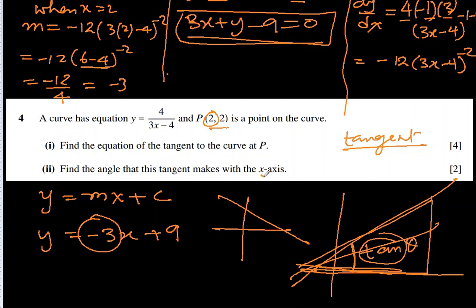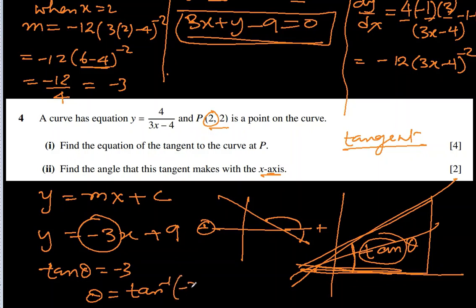Now they're saying find the angle that the tangent makes with the x-axis. They said just x-axis. Which direction, positive or negative, they did not tell. So let me focus. I will find either this angle or this angle, which is with positive x. So I will say tan theta is minus 3, theta equals tan inverse minus 3.